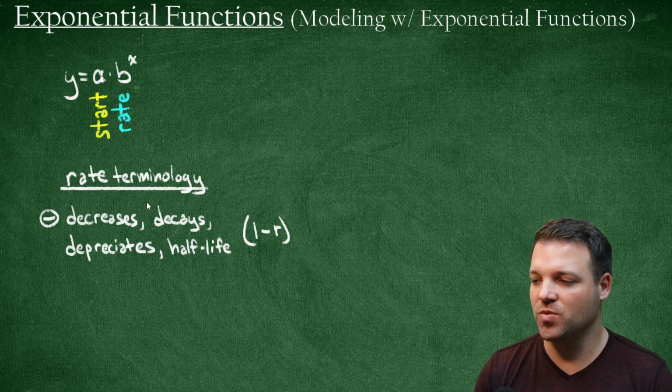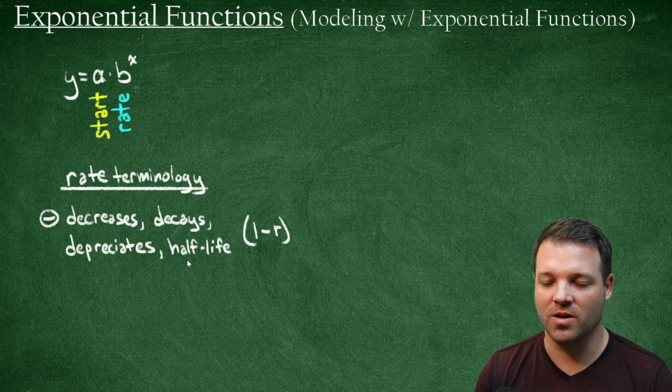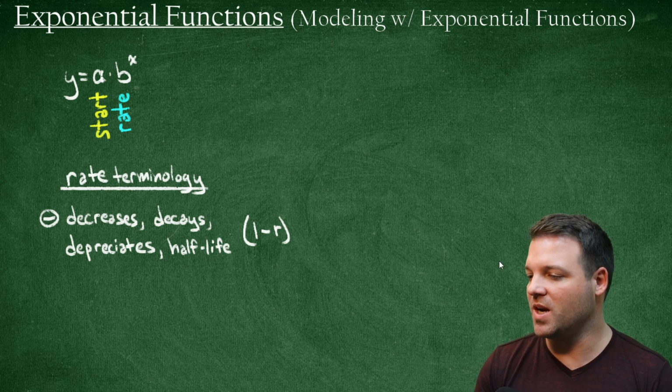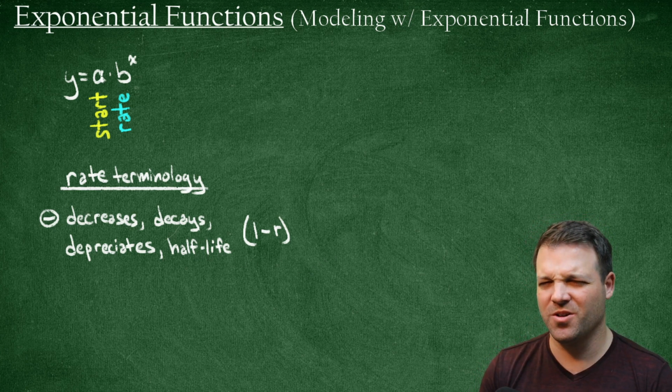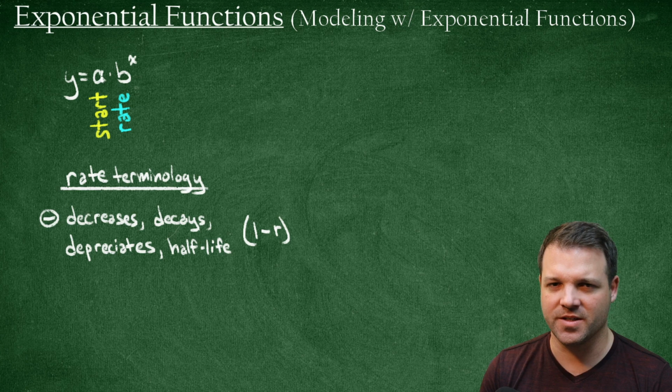Some kind of fraction between 0 and 1. In this case, you can calculate that rate by taking 1, which is that 100%, minus the amount that it's decreasing by, decaying by, depreciating by, or if it's half-life, it's a little bit different. It just means the rate is 0.5. But anyways, you'll see those used in bacteria examples and stuff like that.